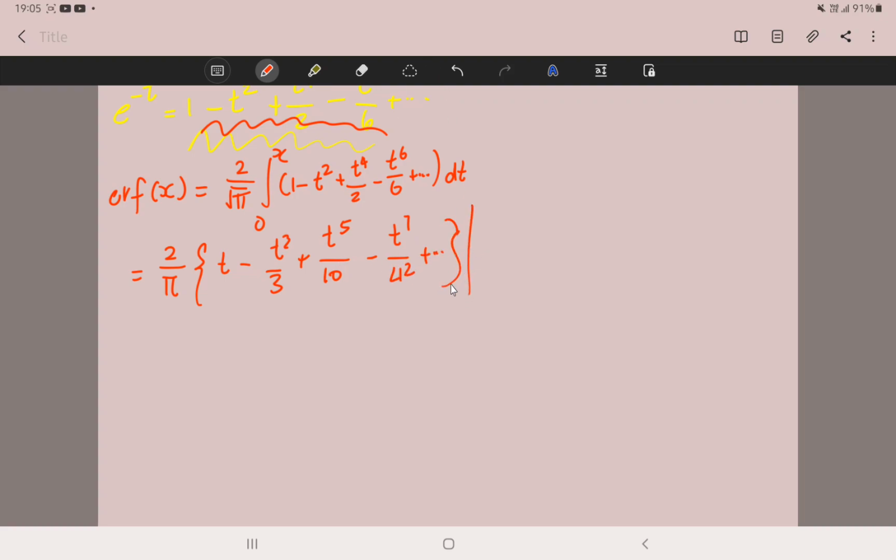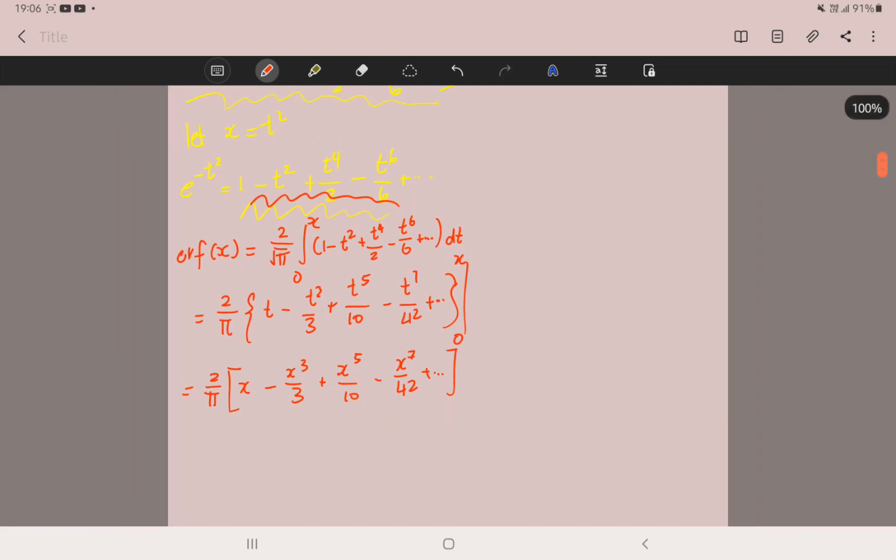We need to evaluate from 0 to x, right? So just sub in. t evaluated from 0 to x is basically x, this one is x cubed over 3 plus x to the 5th over 10 minus x to the 7th over 42 plus dot dot dot.